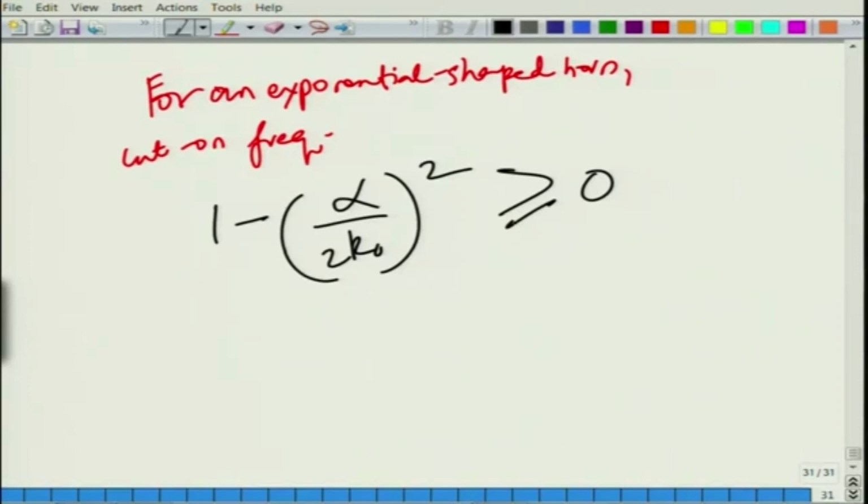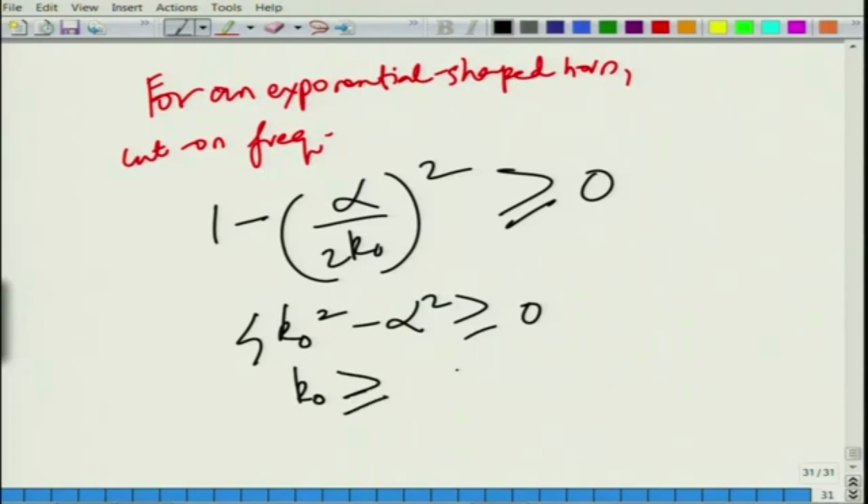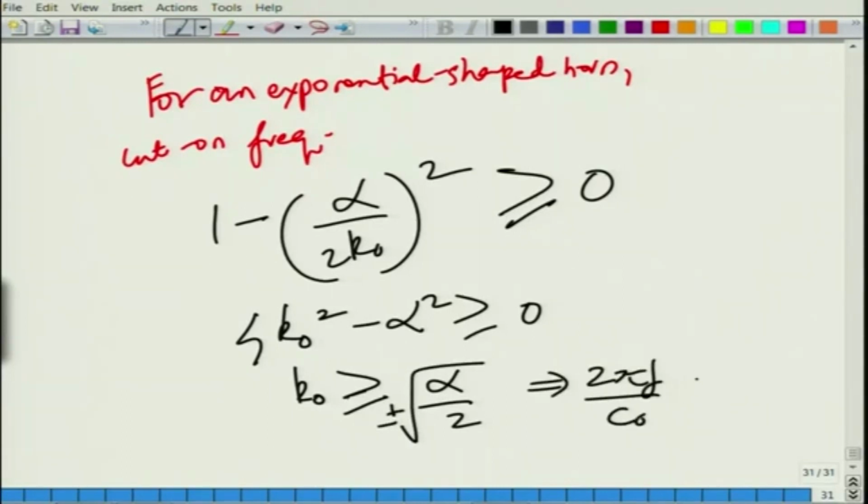So, the idea is that 4 k naught squared minus alpha squared being greater than 0 would basically signify that 2 pi f by c naught is greater than alpha by 2.